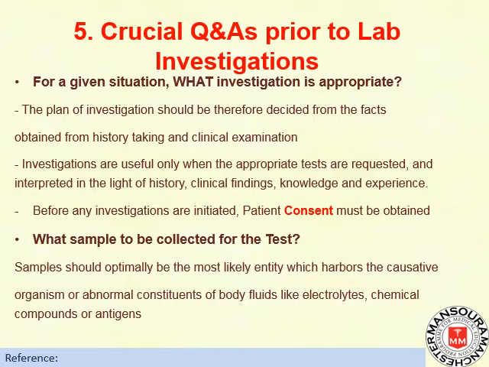The sample should optimally be the one most likely to harbor a causative organism or abnormal constituent of body fluid, like electrolytes, chemical compounds, or even antigens. So according to the investigation, I have to provide the lab the most specific sample that can give me the most informative results.